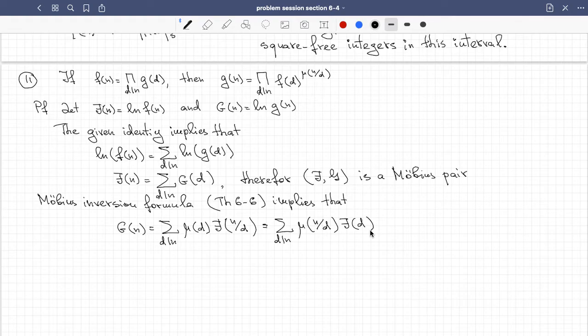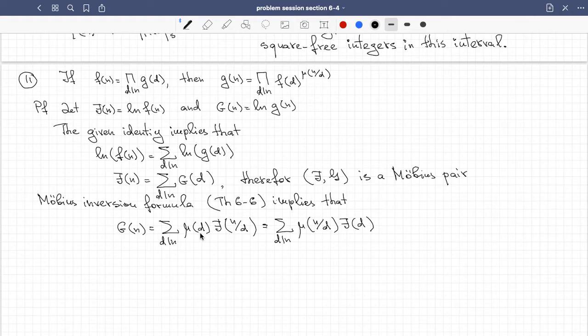I hope this is clear, that d just runs over the whole set of positive divisors of n. When d runs over the whole set of positive divisors of n, so does n divided by d, the complementary divisor.